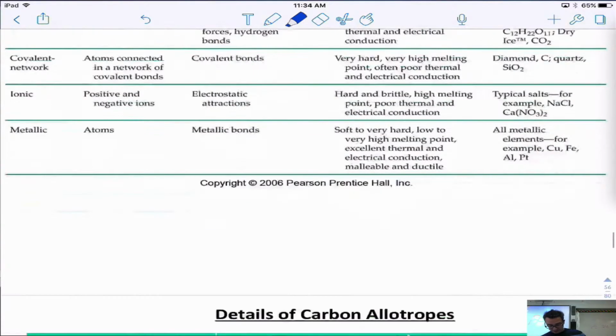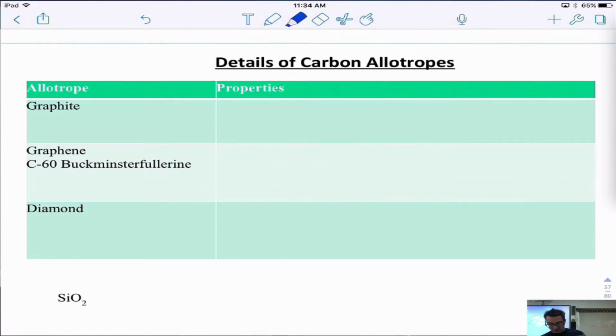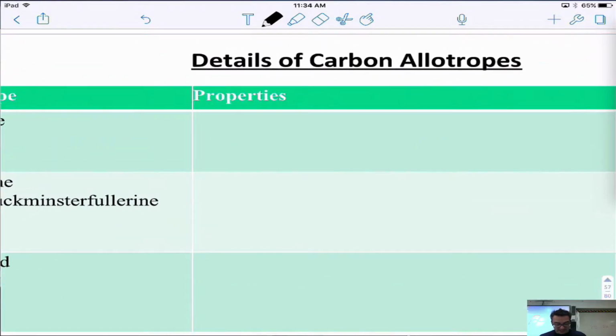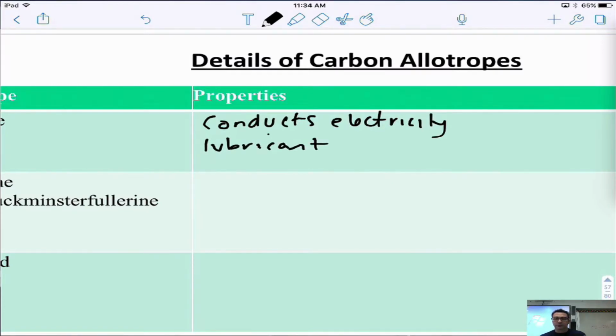The last thing I want to do in this video is specifically related to IB. We talked about graphite and its properties, and two of the properties they expect you to know are that, one, it conducts electricity, and two, it's used as a lubricant in industrial processes because of those mobile electrons in these pi bonds.